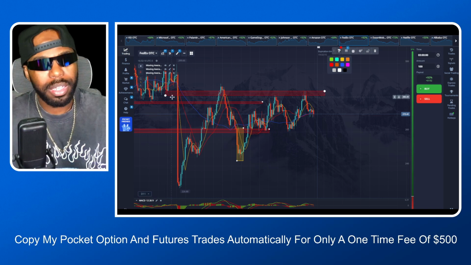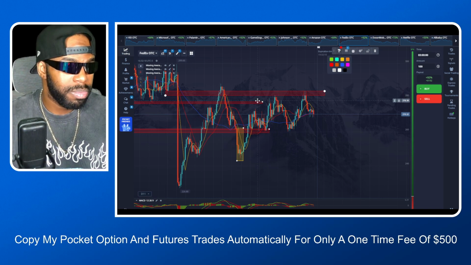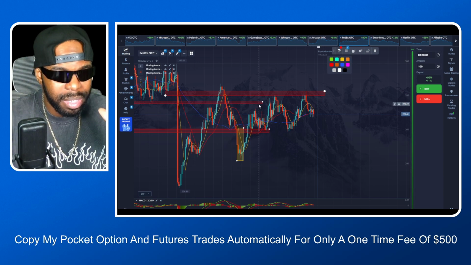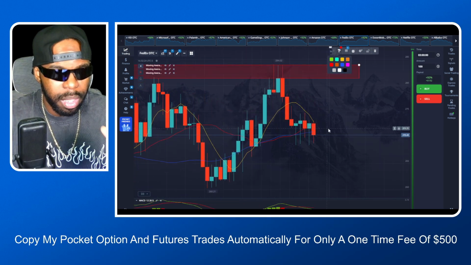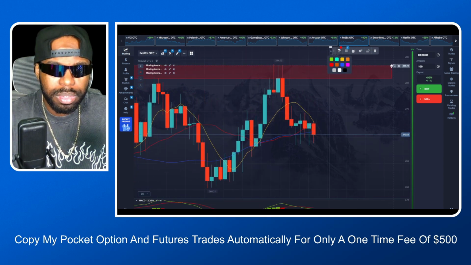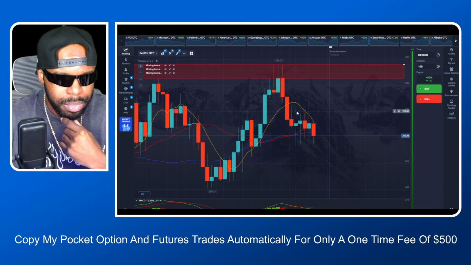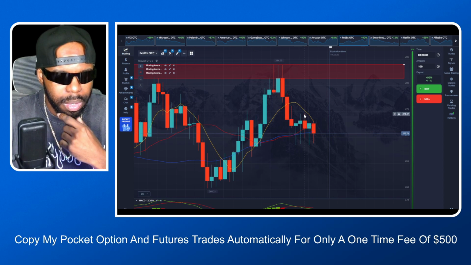Guys, I hope you guys are getting value from this, because I'm telling you, you can catch some amazing entries off of these zones. Okay, so don't sleep on this. All right. So I got my high, and I want to look for my low. My lowest point was here.